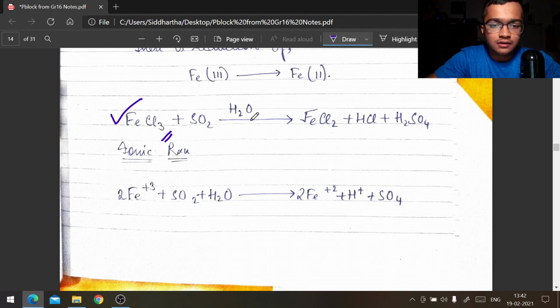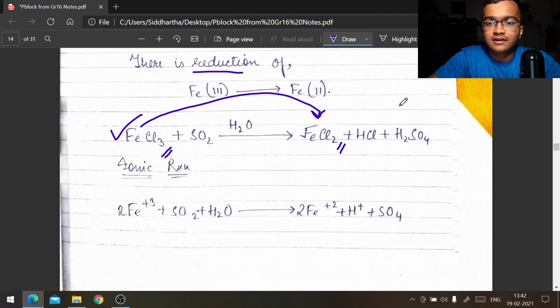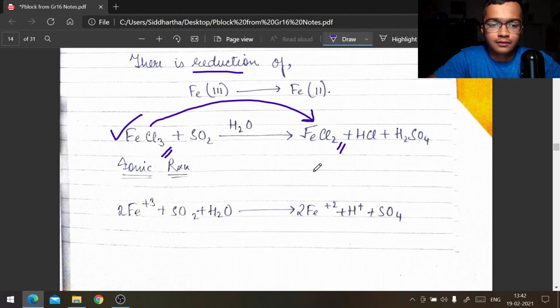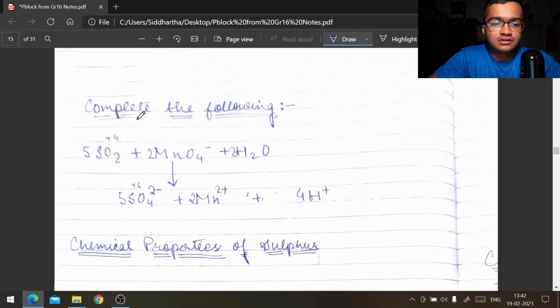If you react it with SO2 in an aqueous solution, you get FeCl2 plus HCl plus H2SO4. You can see Fe is getting reduced. Now the ionic reaction is given accordingly.